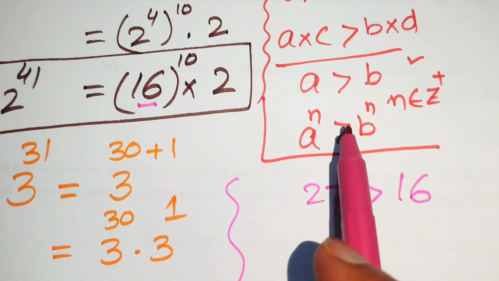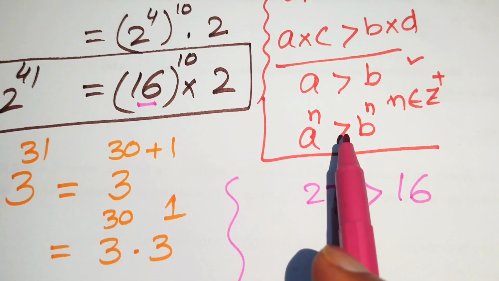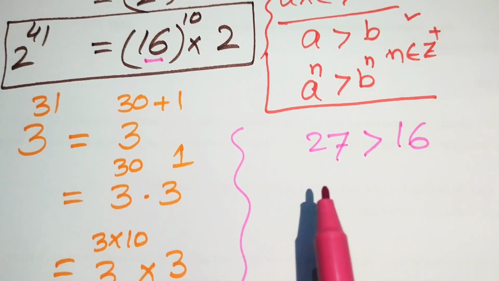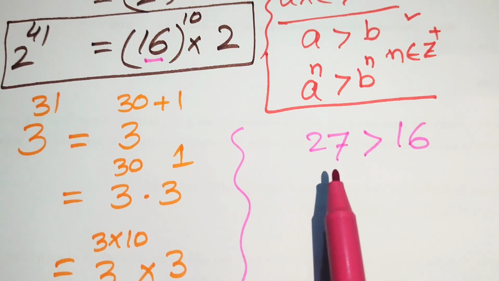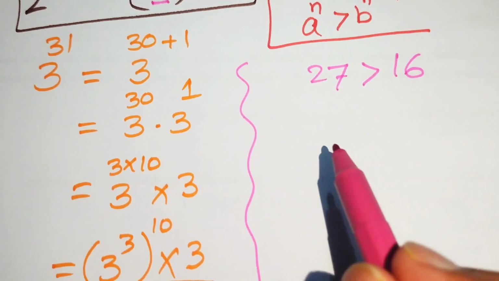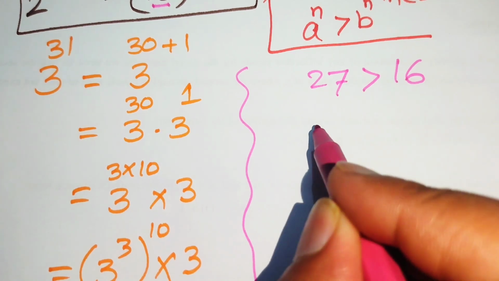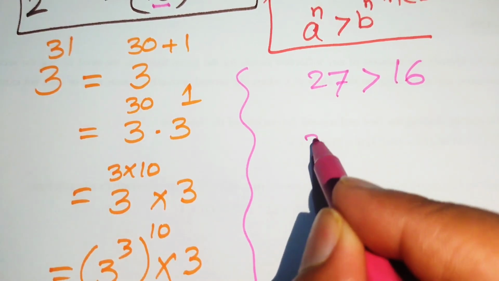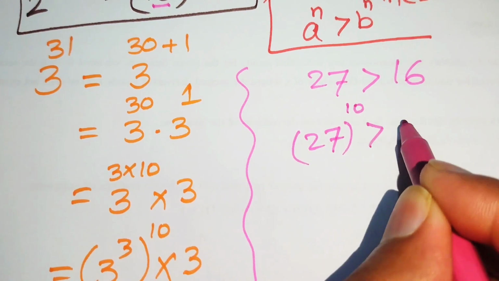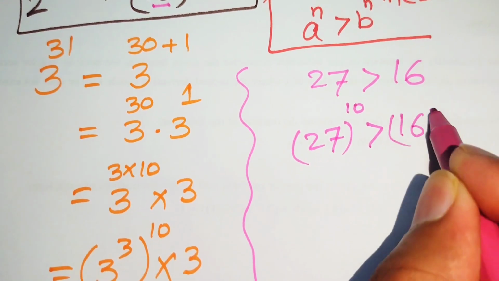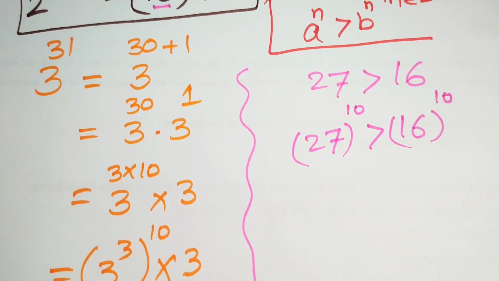According to this law, if you take the positive exponent on both of the sides, this inequality remains the same. So we take the 10th power on both of the sides, and it will be written as 27 to the power of 10 is greater than 16 to the power of 10.